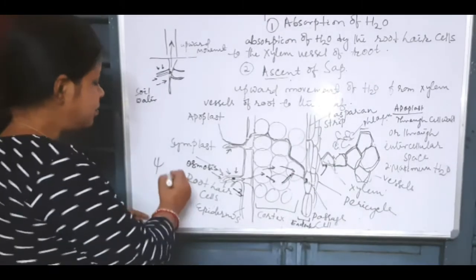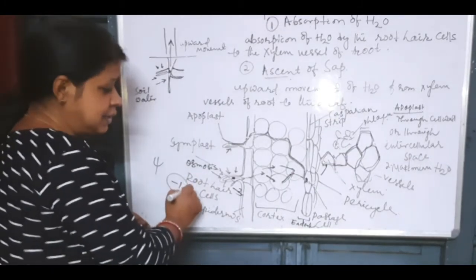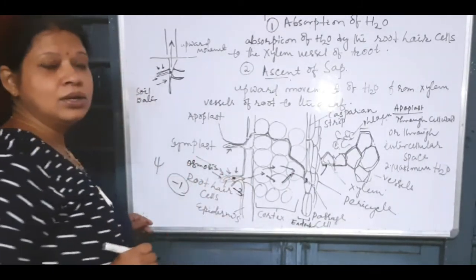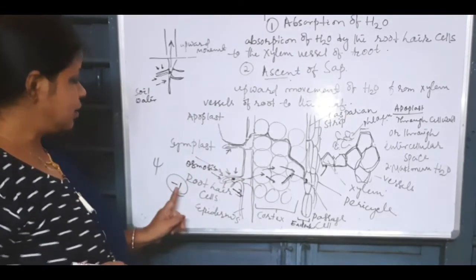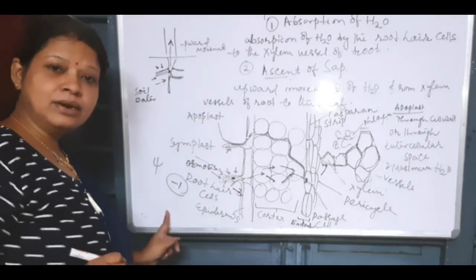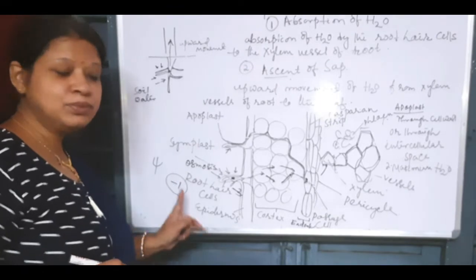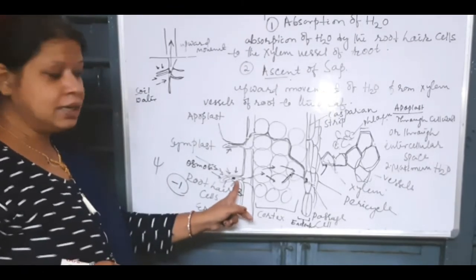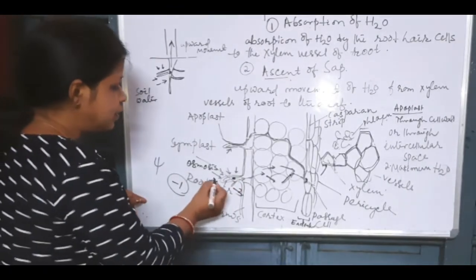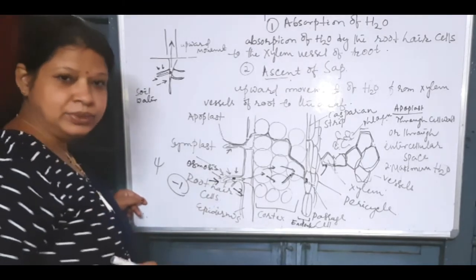Water moves from its higher concentration to its lower concentration. So the water potential of the soil water is more than the cell sap, and water will move into the root hair cell.